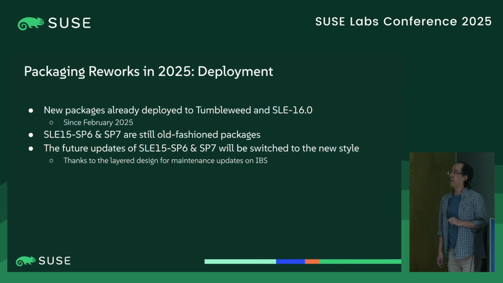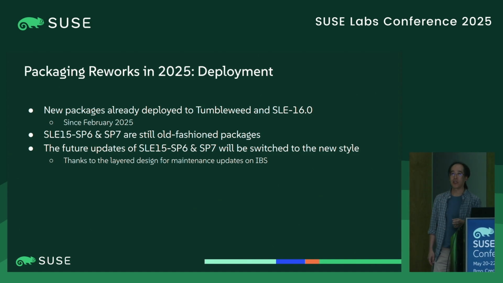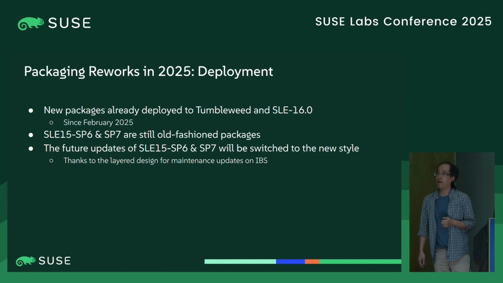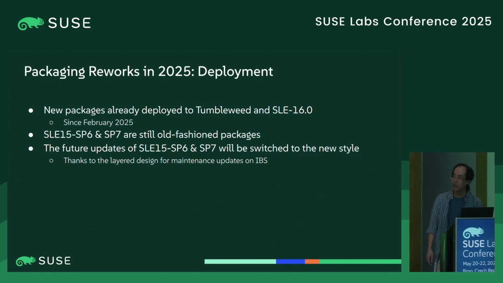The new packages have already been deployed to openSUSE Tumbleweed and also SUSE 16 since this year. But SUSE 15 SP6 and SP7 are still with old packages. Fortunately, the maintenance updates of SP6 and SP7 will be switched to the new style in the future.